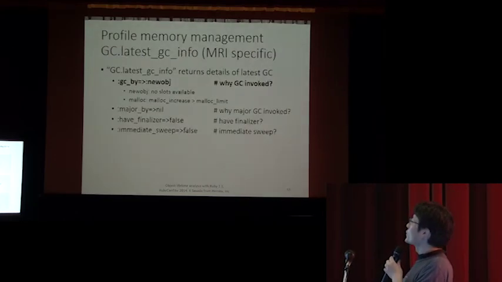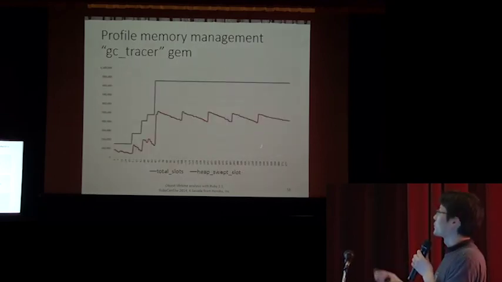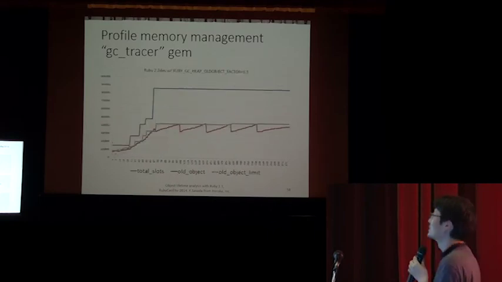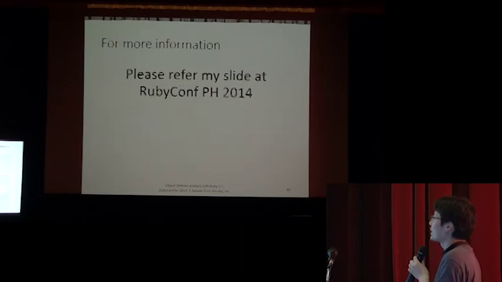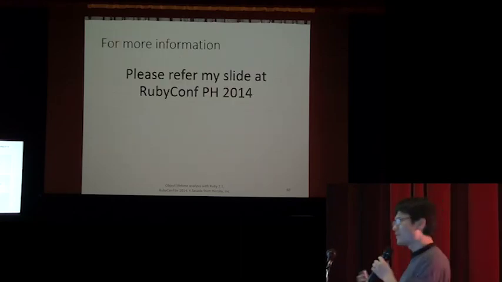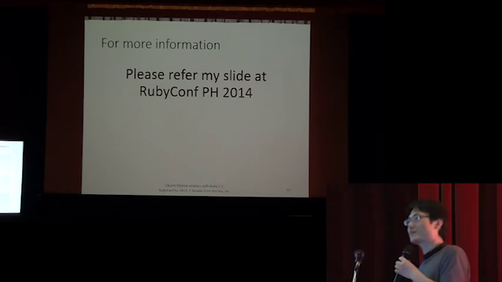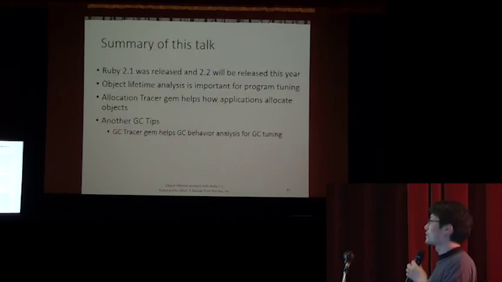So we can collect a lot of data, and we can depict many figures with graphs in Excel, and we can do analysis. I wrote everything in my slides of RubyConf Philippines last March. So if you have any interest, please refer to this presentation.